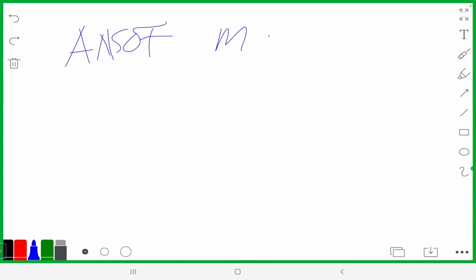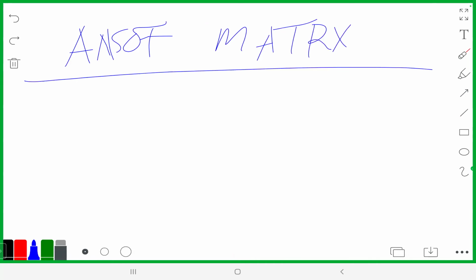What about the ANSOF matrix? Actually, it's one of the strategies that was developed many years ago.